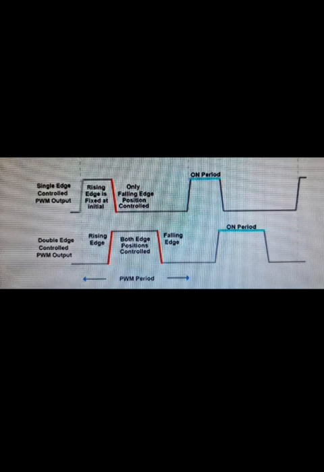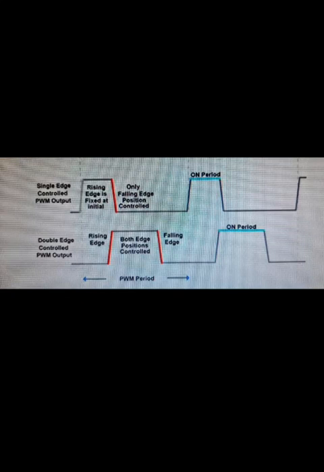In the single edge controlled PWM, all rising, positive going edges of the output waveform are positioned at the beginning of the PWM period. Only the falling edge position can be controlled to vary the pulse width modulation.